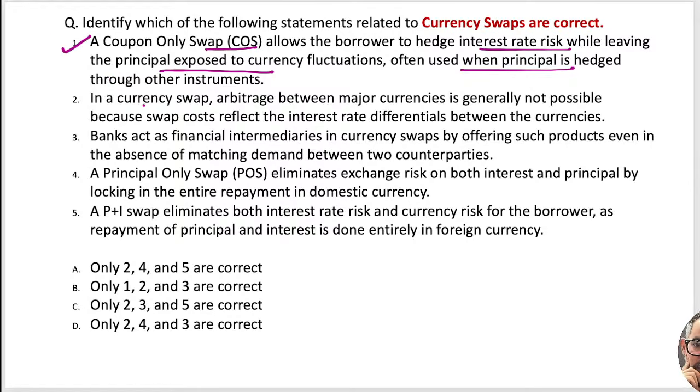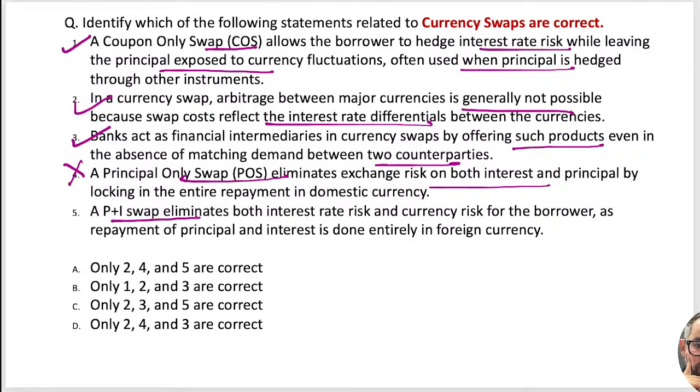The second one is, in currency swap, arbitrage between major currencies is generally not possible due to the interest rate differential. That is fine. Banks and financial intermediaries offer such positions to counterparties. This is also correct. Principal only swap eliminates exchange risk for both? No, it is only for principal. Principal plus interest eliminates both interest risk and currency risk?